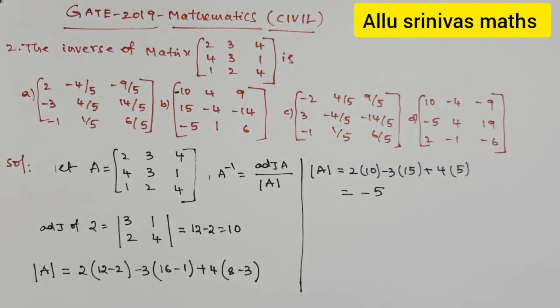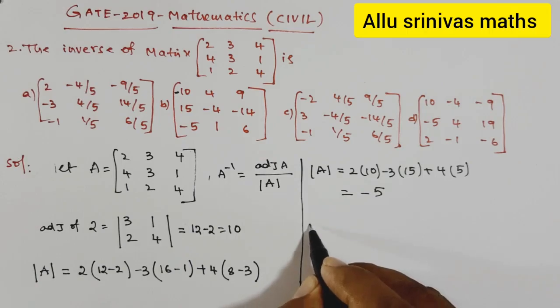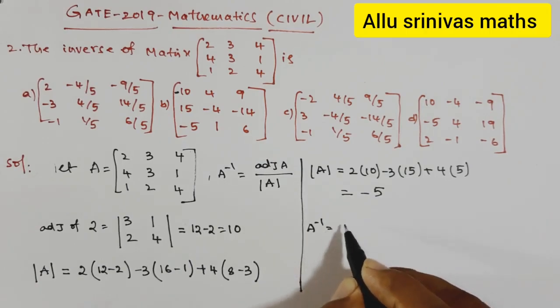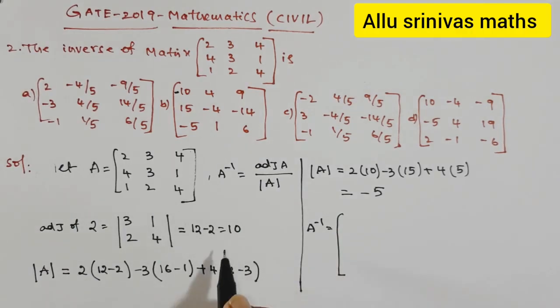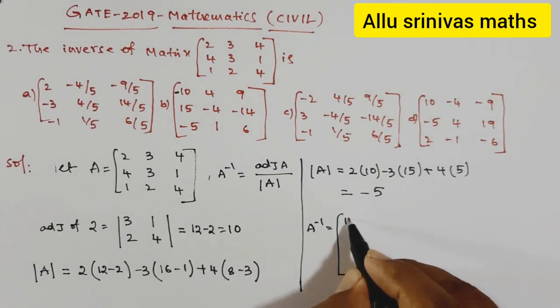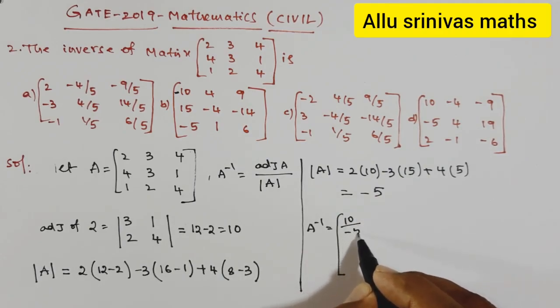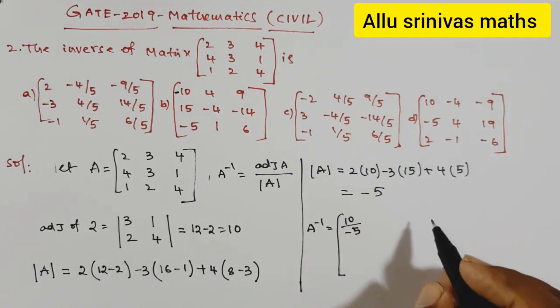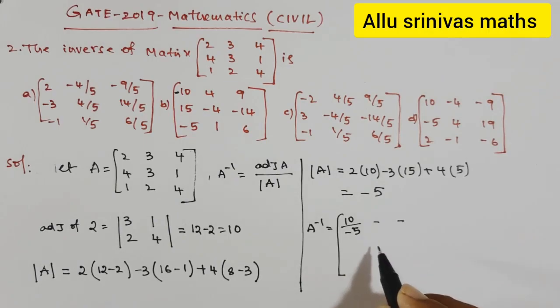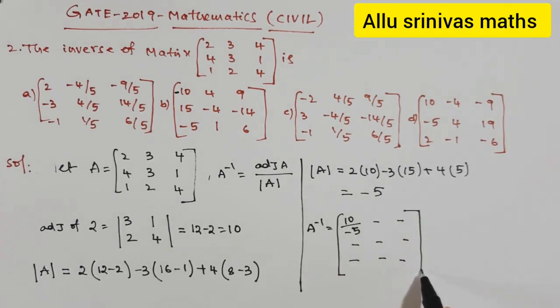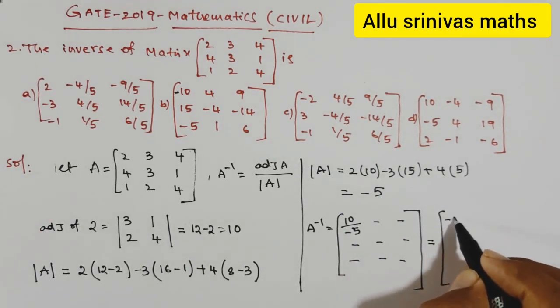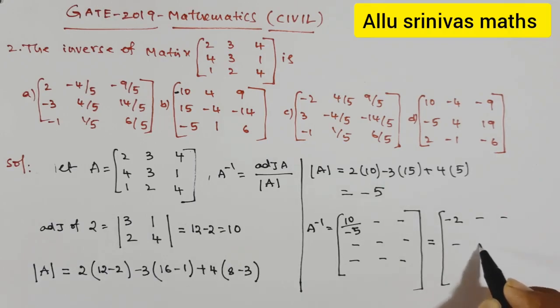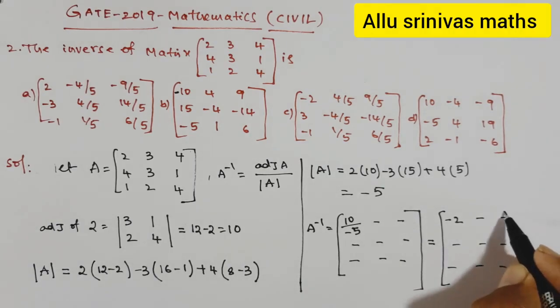Next you have to write A inverse. A inverse is adjoint A by det A. The adjoint A first element is 10, det A is -5. No need to find the remaining elements. And 10 by -5 is -2.